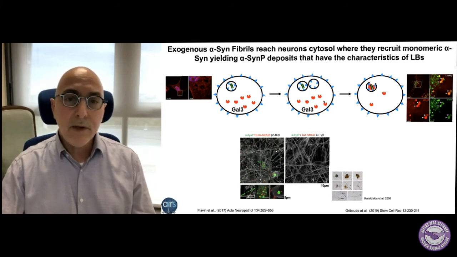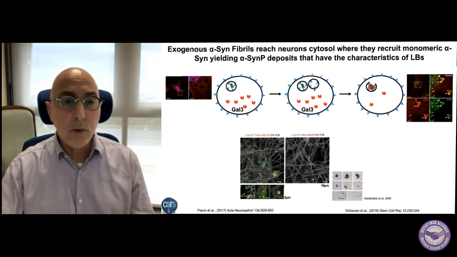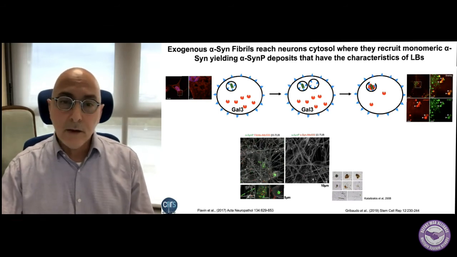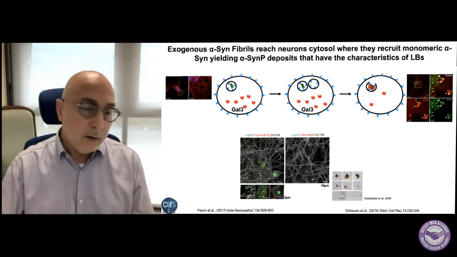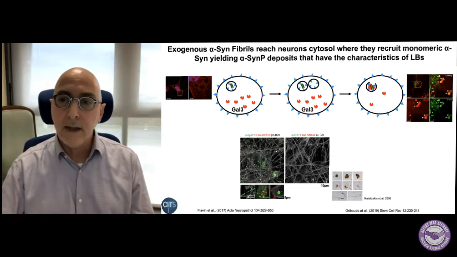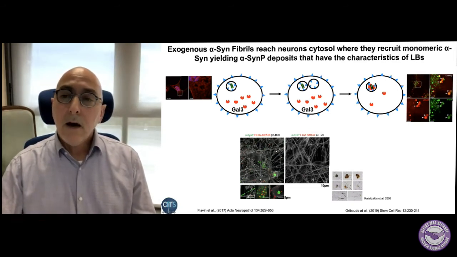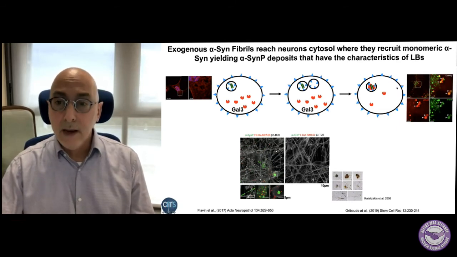So what is happening here is that the aggregates are taken up by endocytosis. They are directed toward the lysosome where they are supposed to be degraded. A fraction of these aggregates, and we quantified this fraction, it's between 7 and 10%, end up escaping from these endosomes and lysosomes.